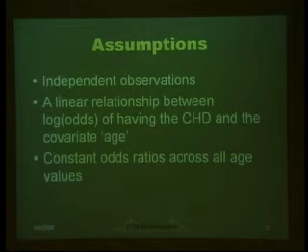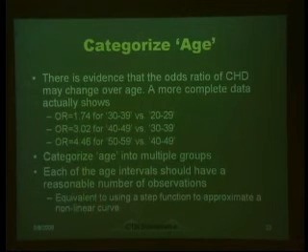Okay, for age 20, you have the e to the beta that gives you the odds ratio, and for age equal 30, you still have the same thing. Okay, that's the assumption we made. So what it means is you have a constant odds ratio across all age values. Okay, and this may not be the case, right? So for this specific study, actually, there's evidence that the odds ratio may change over time.